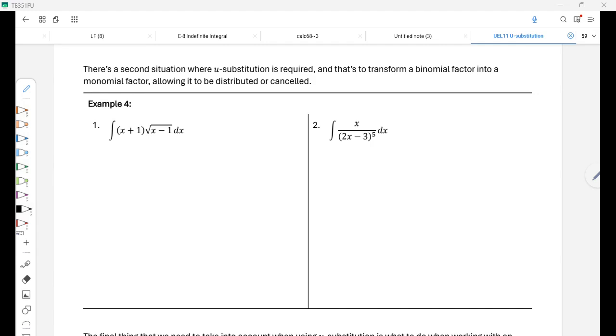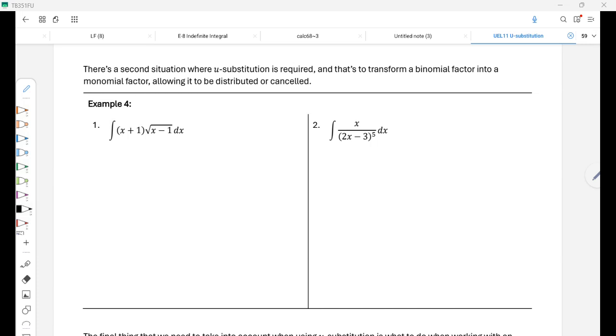What we want to do here is simplify this guy so it is just U. So the one that has something being done to it, that's what we want to be our U, because then we can actually do algebra that works. There is no good algebra to do with x plus 1 times the square root of x minus 1. I can't push that x plus 1 in there in any way, shape, or form.